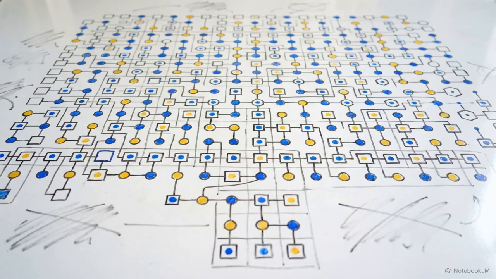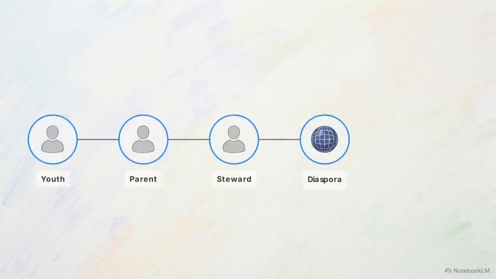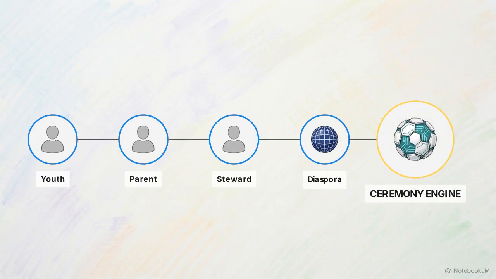We can now see the fully constructed system and its interconnected layers. The data lifecycle moves from start to finish. A youth completes a mission, a parent approves, a steward verifies, and a diaspora node logs the global impact. This triggers the final architectural requirement, Layer 5, the ceremony engine.